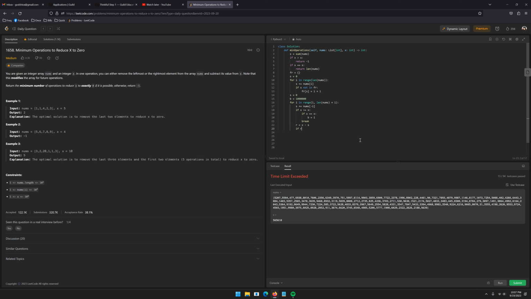Now, if r is in fr, then b equals min of b, i plus fr of remainder. But it might overlap.